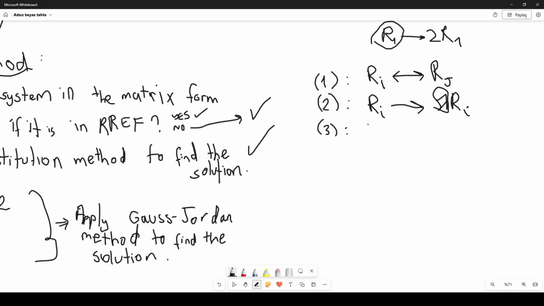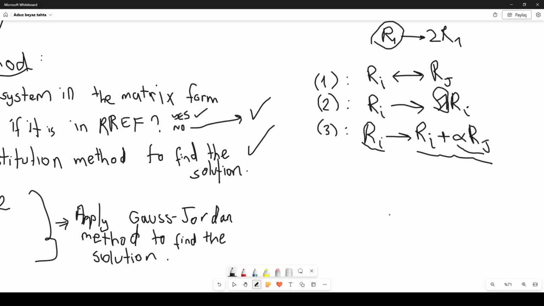And another thing is that we can replace the row Ri by Ri plus alpha Rj. In other words, we can multiply another row by a real value, say alpha, and then add it to the row itself and replace the original row with the result.